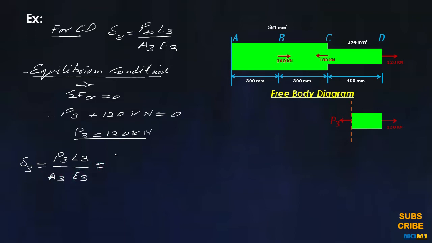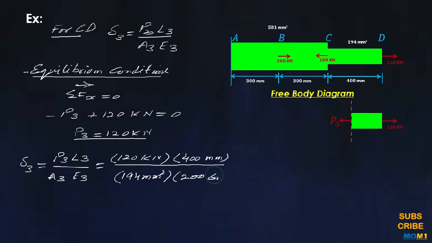Now P3 is 120 kilonewton, length is 400 millimeter, cross sectional area is 194 millimeter square, multiplied with the Young's modulus, that is 200 gigapascal.